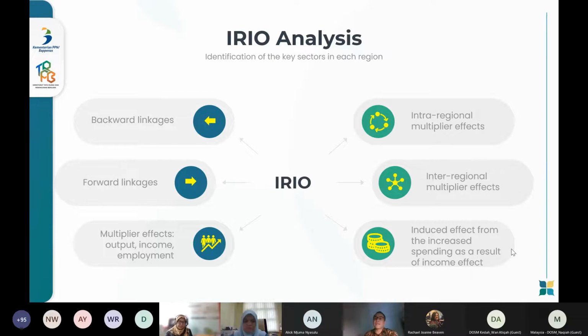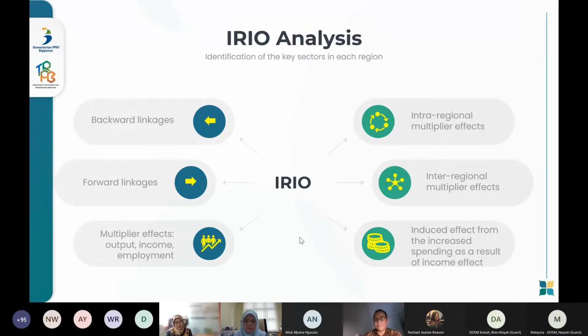We can also use IRIO for identifying the intra-regional multiplier effect. This is usually done using input-output in a single region. But for IRIO, the plus is that we can identify the inter-regional multiplier effect through feedback and flow-on effects. And if we include the induced effect, the analysis can be more interesting.